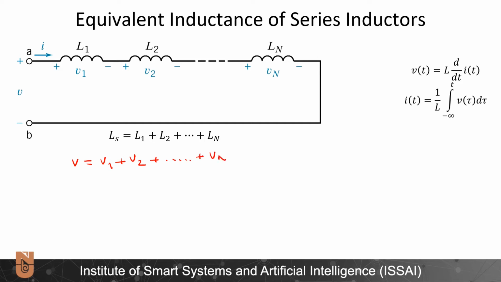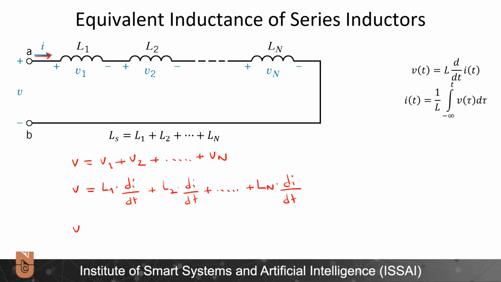V is equal to V1 plus V2 plus ... plus Vn. And accordingly, V is equal to L1 times di/dt plus L2 times di/dt, because the same current is passing through all of these inductors, plus dot dot dot plus Ln times di/dt.